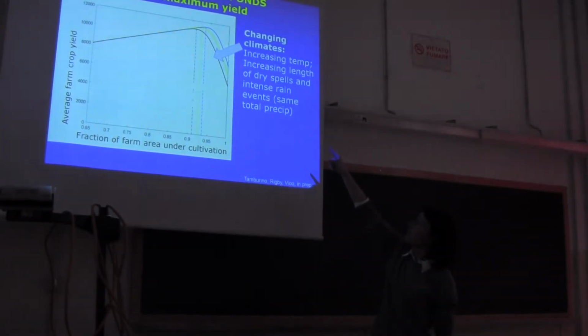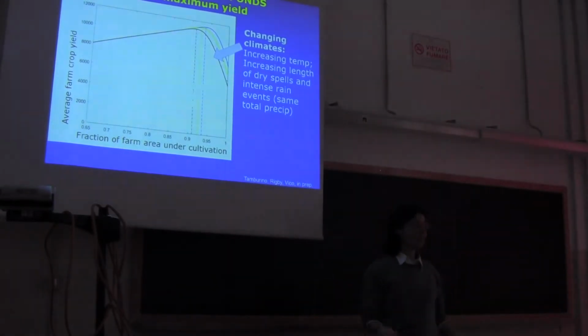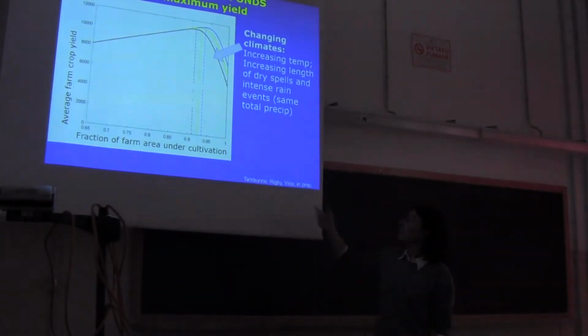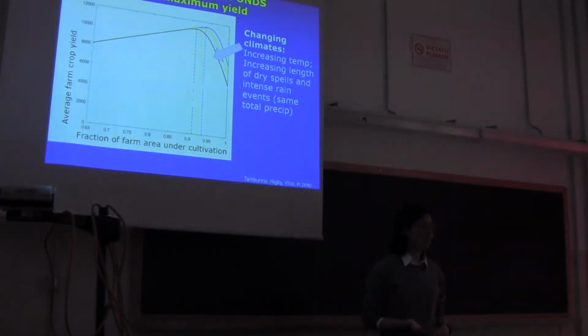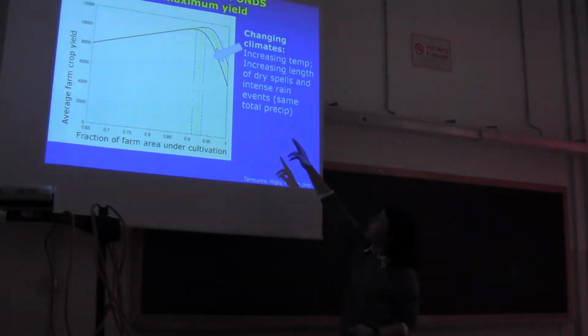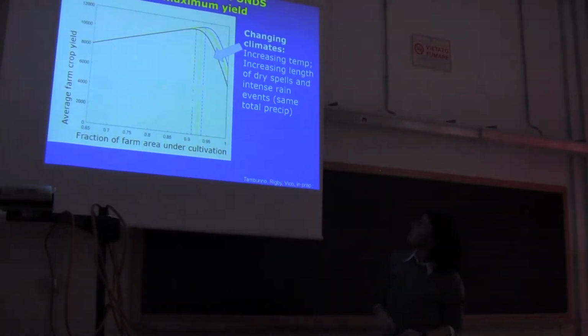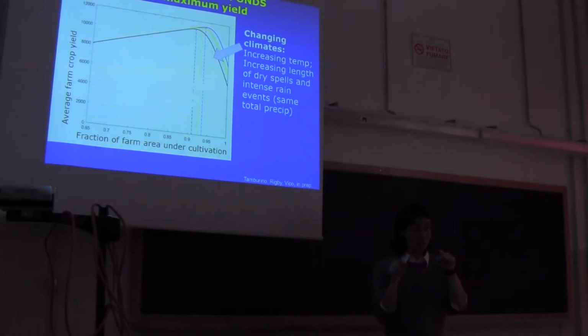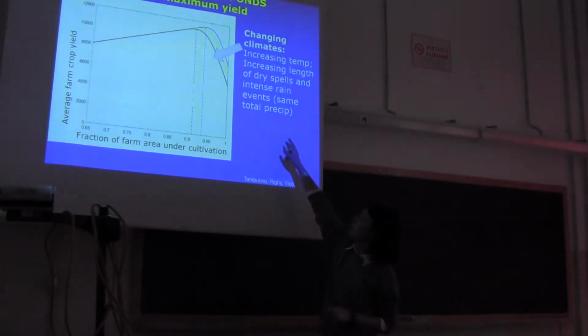We looked at 3 different climates, because of course climate change is of interest here. In blue, what we could consider current climate. In yellow, so the line in between, a slight increase in temperature, a slight increase in the length of the dry periods, and an increase in the rainfall amount per event, but still same total precipitation.